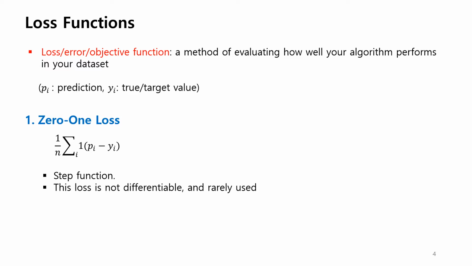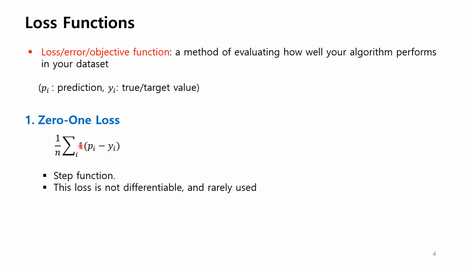So let's begin with the 0-1 loss, which is defined like this. And this 1 is just the identity function. That means if P_i and Y_i are equal, then this returns 0, and if these two values are different, then this returns 1.